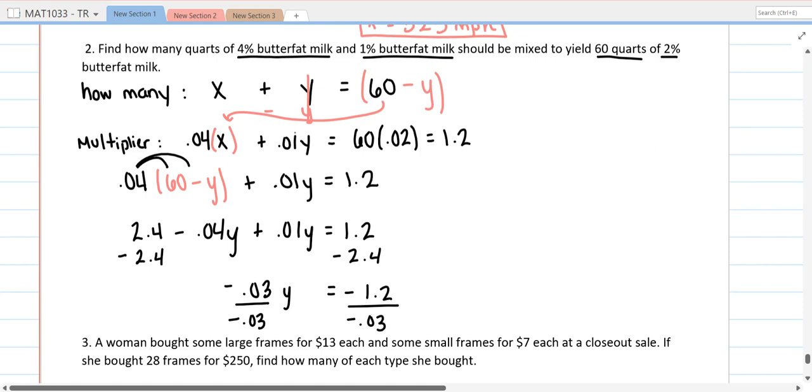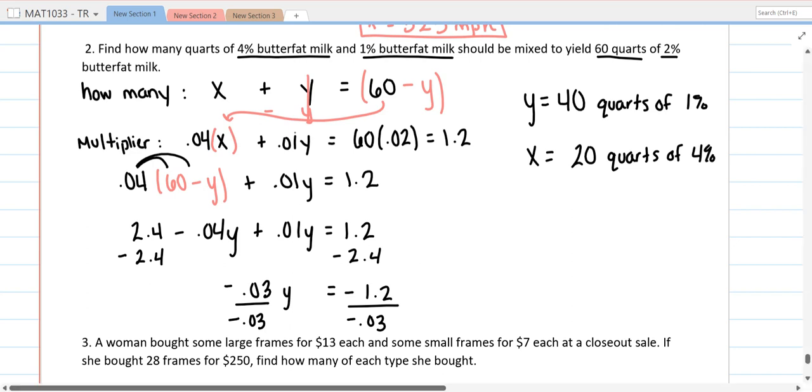So negative 1.2 divided by negative 0.03 is going to give us 40. So we have 40 quarts of 1%. And if I have a total amount of 60 quarts, then I'm going to have 20 quarts of 4%.